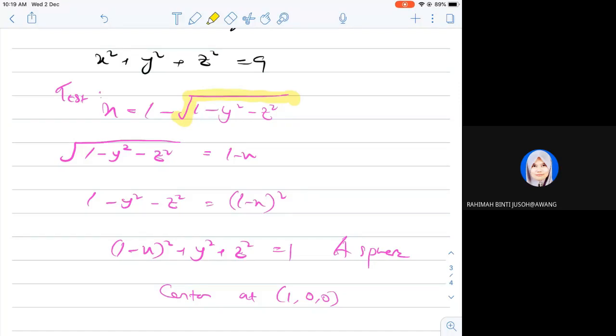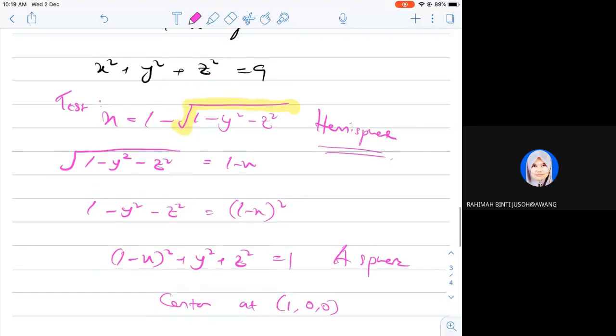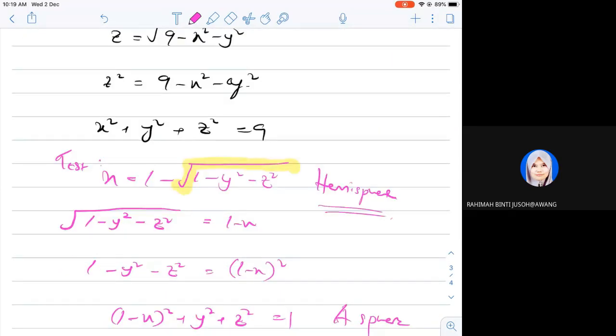All right, so you will have a hemisphere for this question. The answer is hemisphere in your test. Never mind, I will share the solution with you later after I finish all the marking.